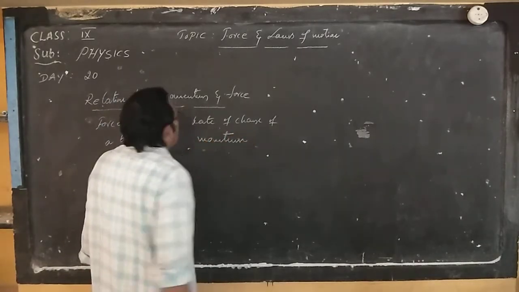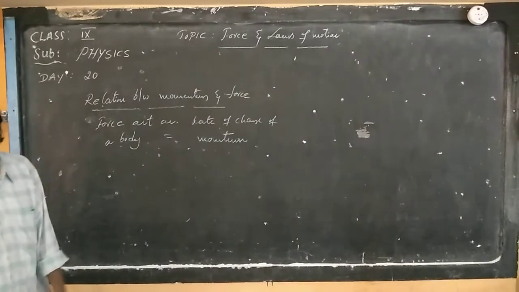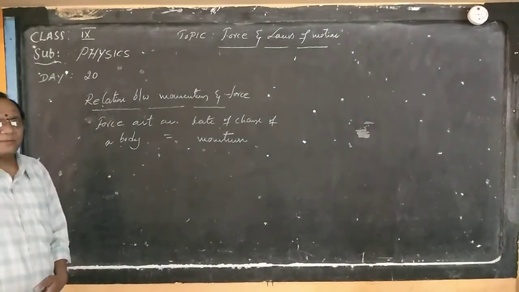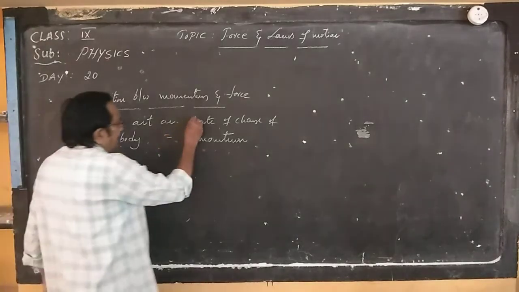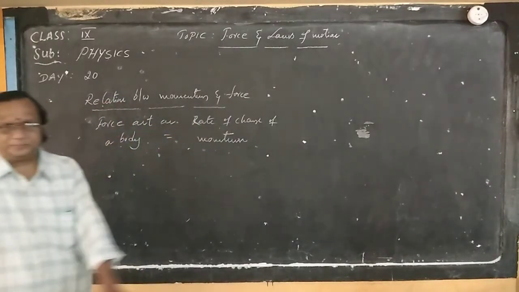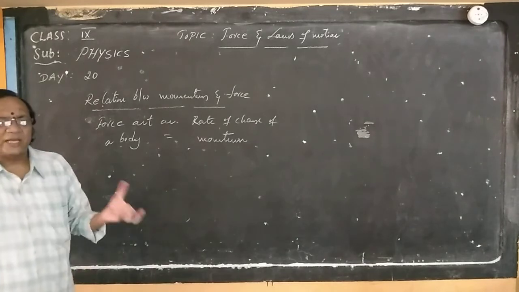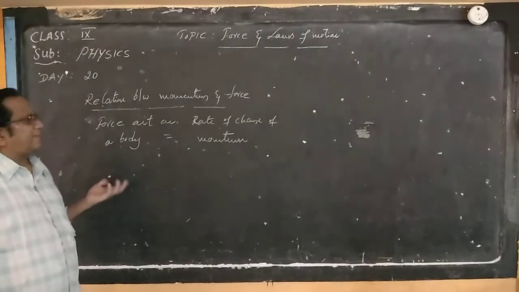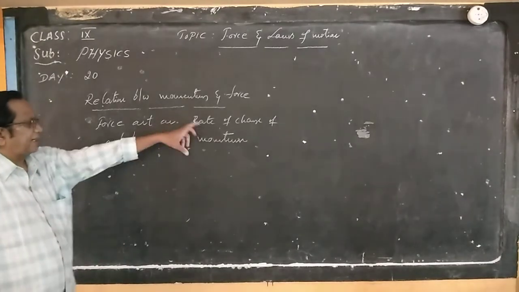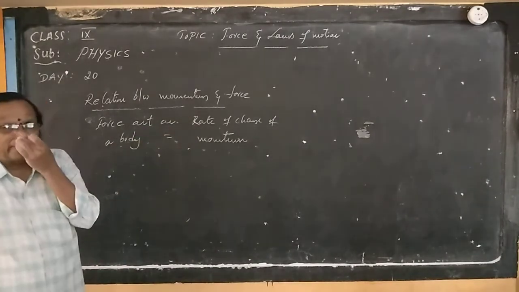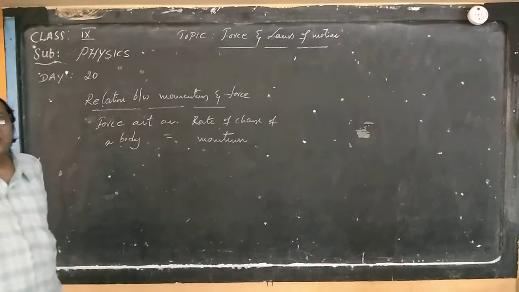Rate of change of momentum means here initial momentum and final momentum. It's the change in momentum with the time interval to be considered. Taking the rate of momentum with the time interval, we get this rate of momentum value. That value is equal to this force.